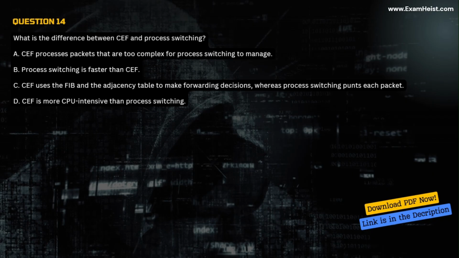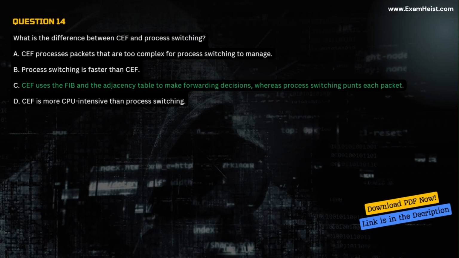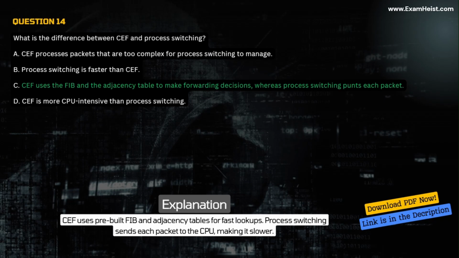D. CEF is more CPU intensive than process switching. Correct answer, C. Explanation. CEF uses pre-built FIB and adjacency tables for fast lookups. Process switching sends each packet to the CPU, making it slower.